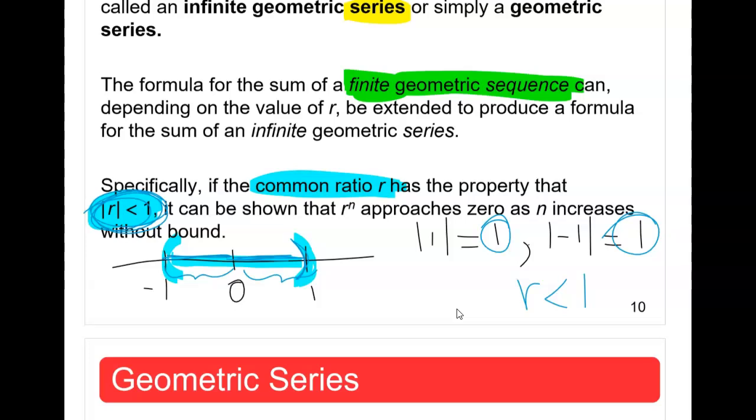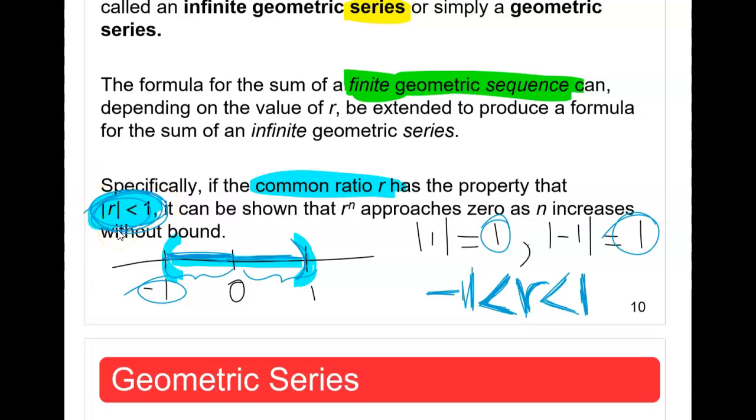Yes, those will also work, but we need to say greater than -1. So that's how we get all these numbers, since they're on the right side of -1. That's why they are greater. And I'm reading the inequality from the middle to the right. So that's why I say r greater than -1 and r less than +1. So that is what we mean with this.